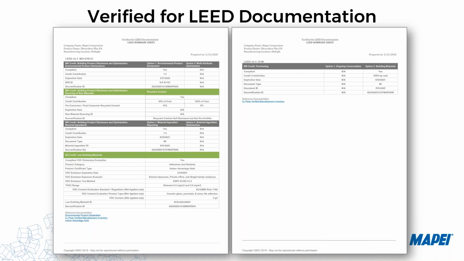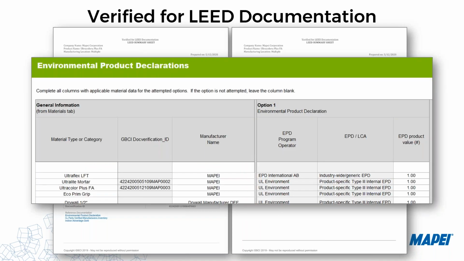They just name drop our product and they're auto approved or speed up the review process, as LEED reviewers can skip reviewing our products knowing that they're already pre-verified and approved. You may have seen this column on the BPDO calculator or the low emitting calculator that I had up earlier.